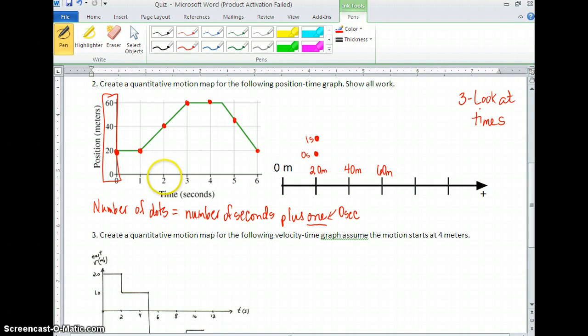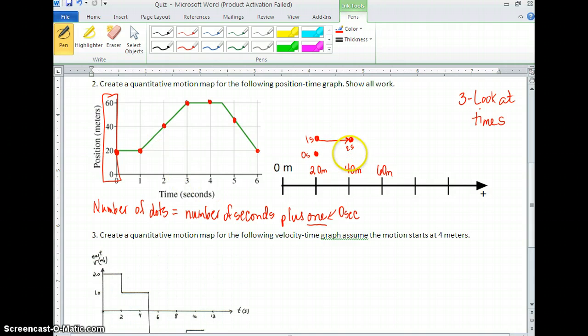At 2 seconds, go up to your line, and he was at 40. So at 2 seconds, we're going to put our dot, and I'll put a 2S just so we keep track. And because he's in motion from 1 to 2, we got to put the arrow. We only put arrows when it's actually in motion. When it's standing still like these two, there is no arrows. An arrow is representing motion.